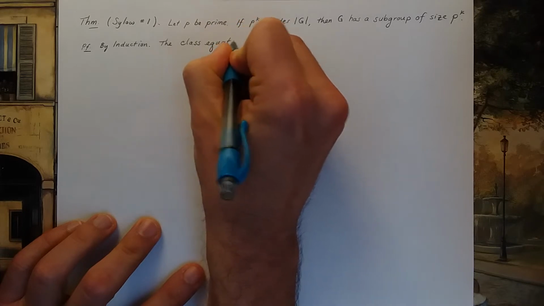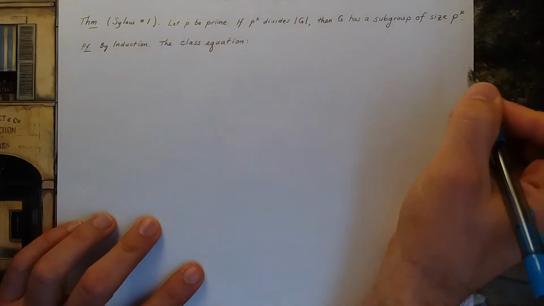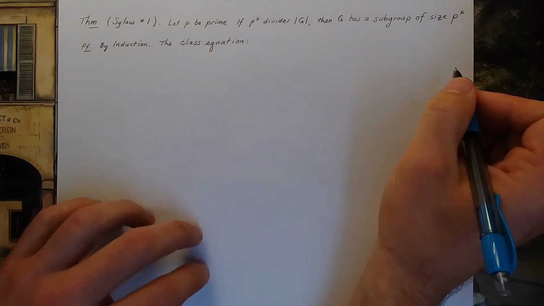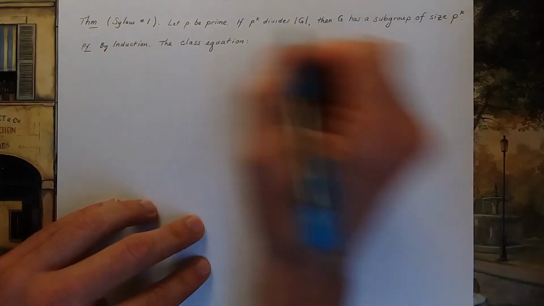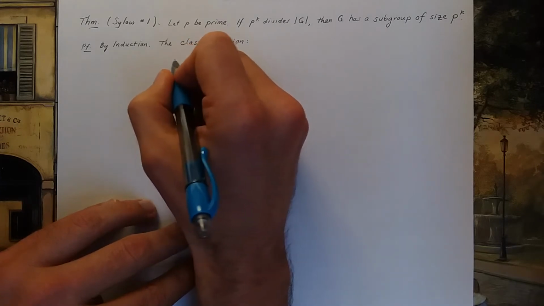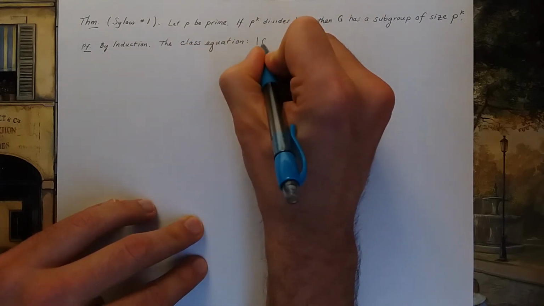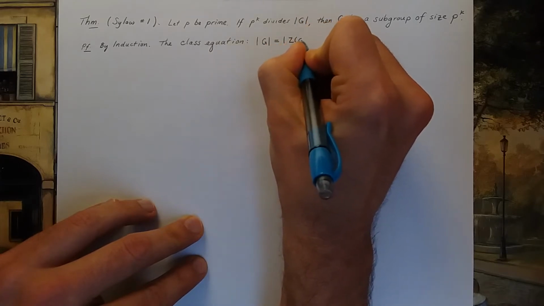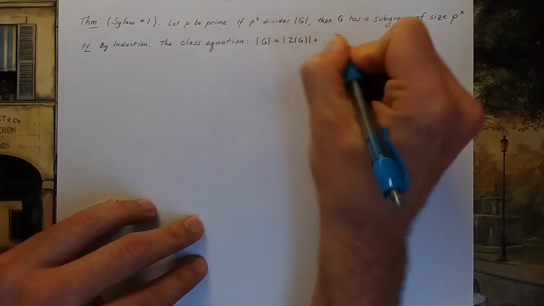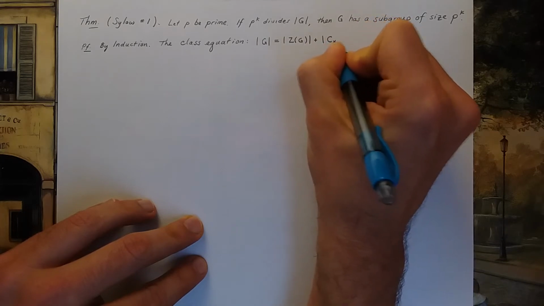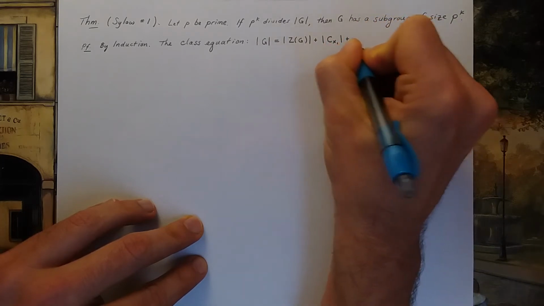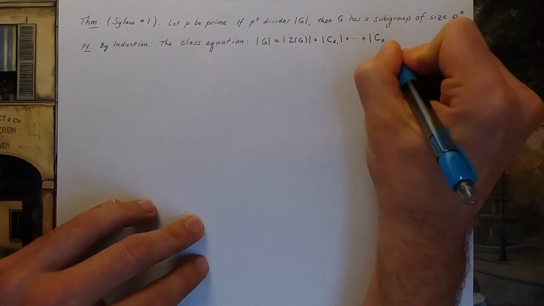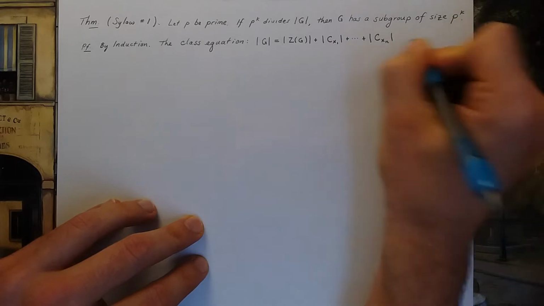We're going to prove the theorem by remembering the class equation. We looked at this last quarter, but I'd like to remind you of what it was. The class equation says the size of your group is the size of the center of the group plus the sizes of all other conjugacy classes with 2 or more elements.